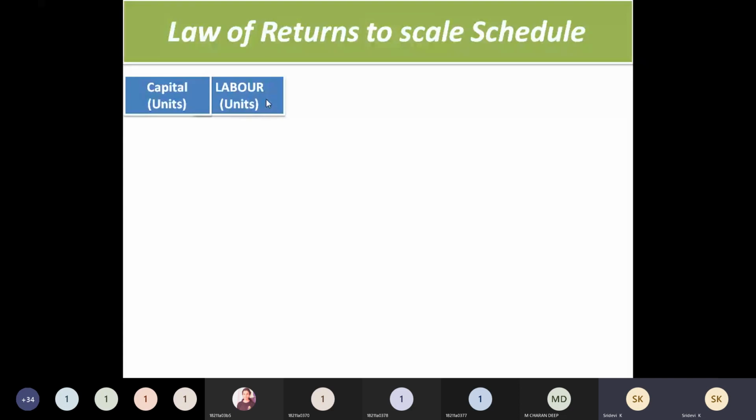Simply 1 or 2 inputs I am showing, but you have to think that all those inputs are changing. So here capital I am changing and the labor I am changing. So what is the change in the capital and what is the change in the labor? That is shown in the percentage increase in both the inputs.